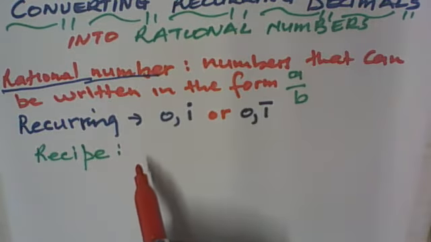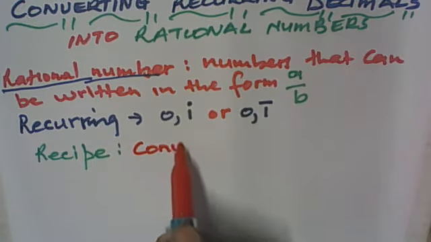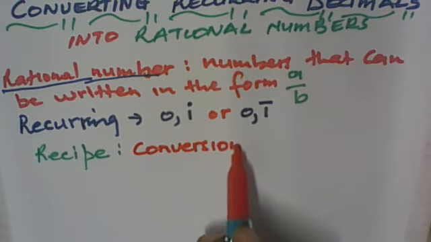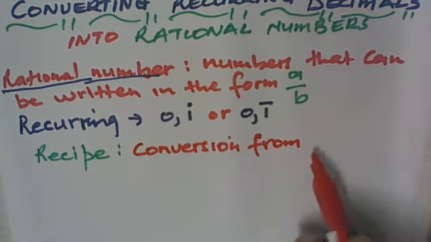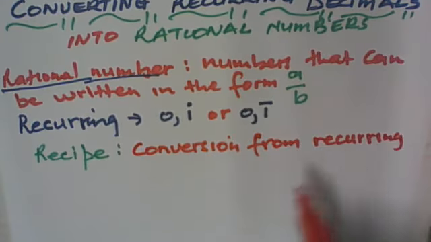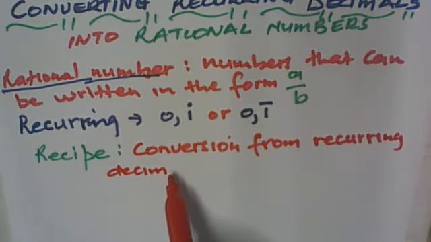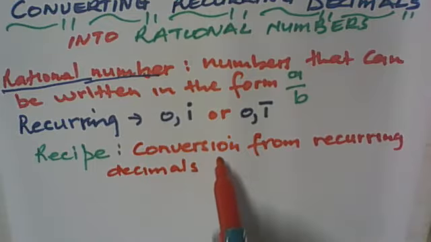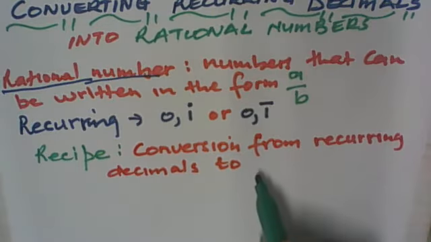Now, what is the recipe for? Let's write it down. Conversion from recurring decimals to rational number.